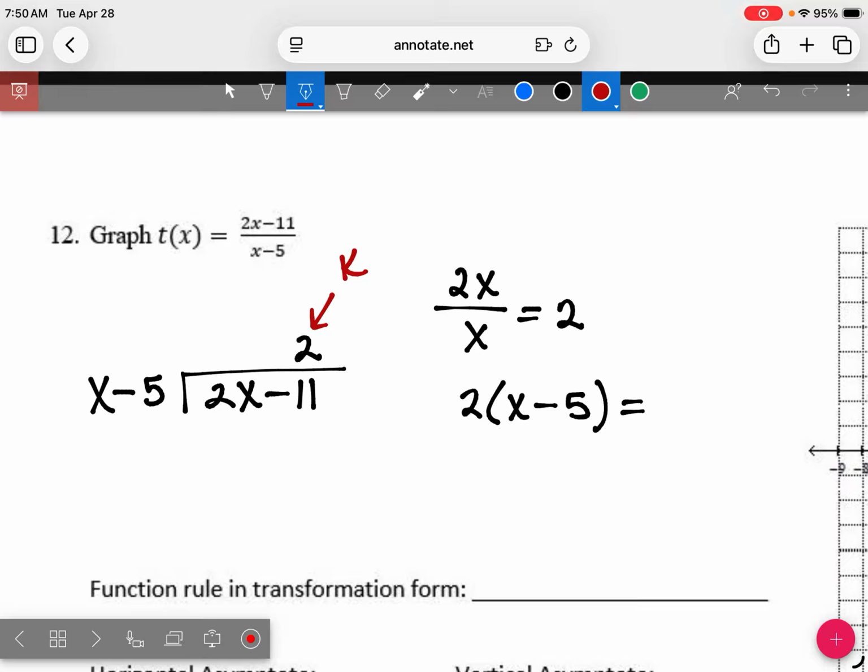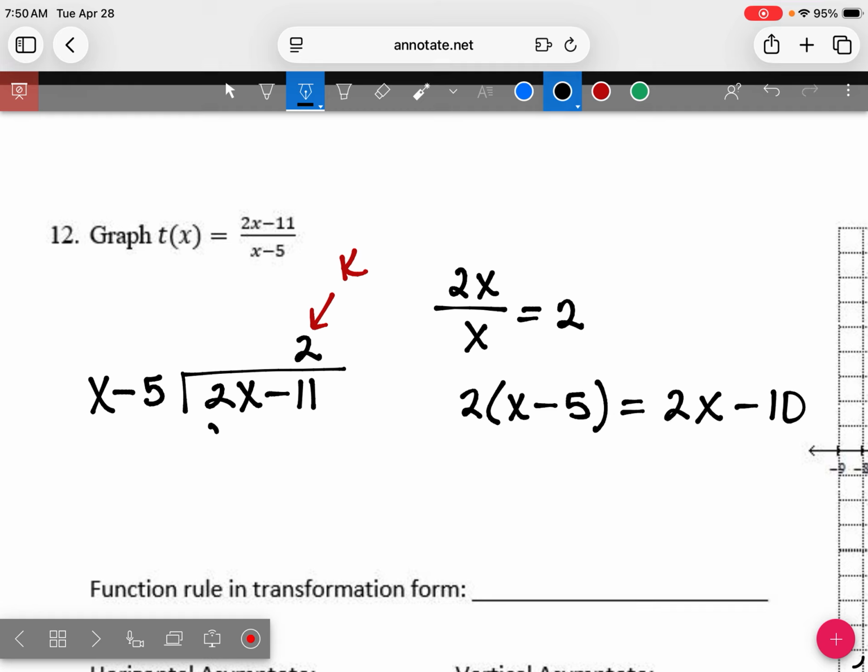Then take that 2 and multiply it by x minus 5, which is going to give you 2x minus 10. Now, this is the first time where they both weren't positive.